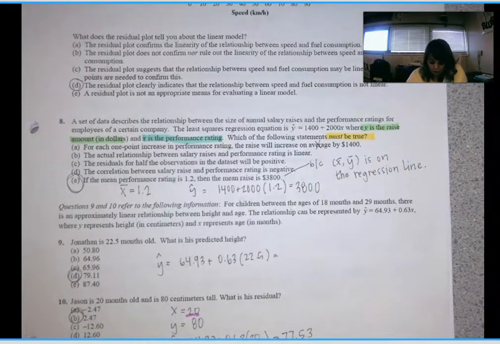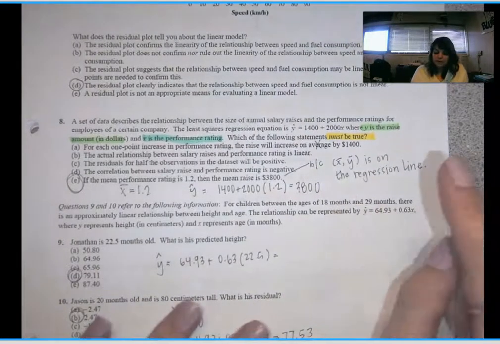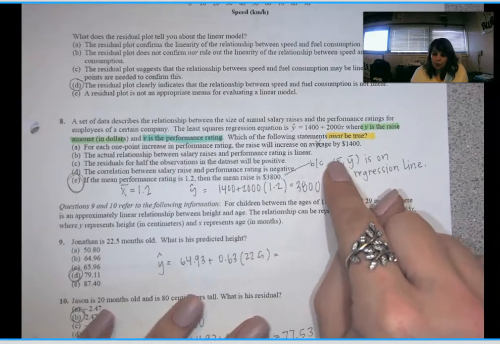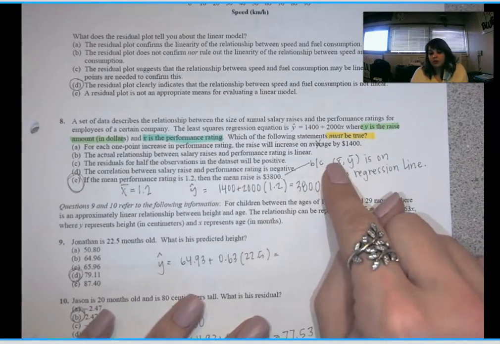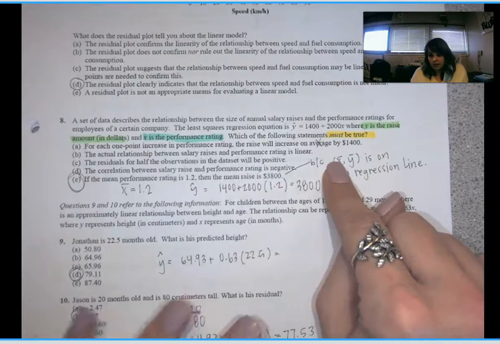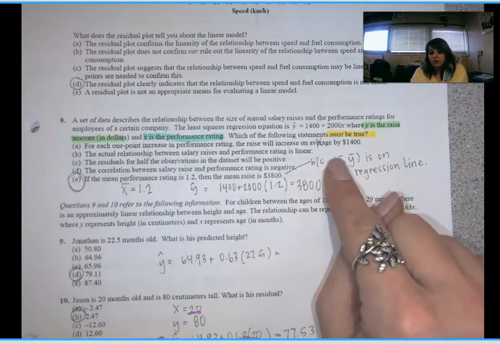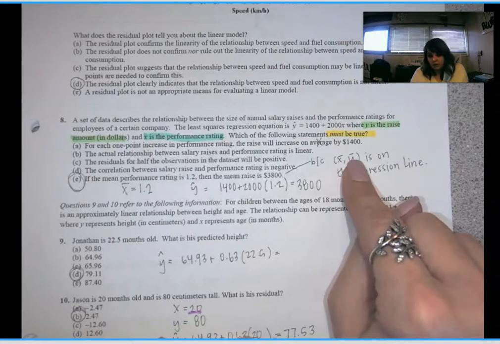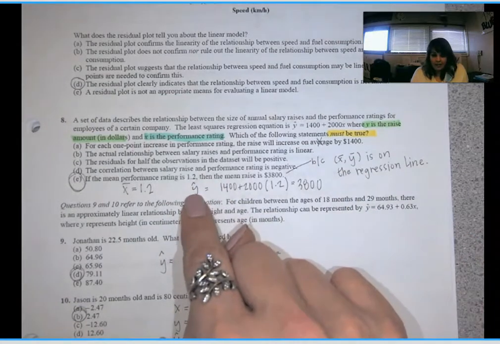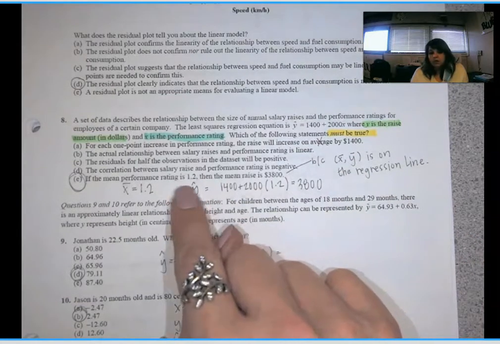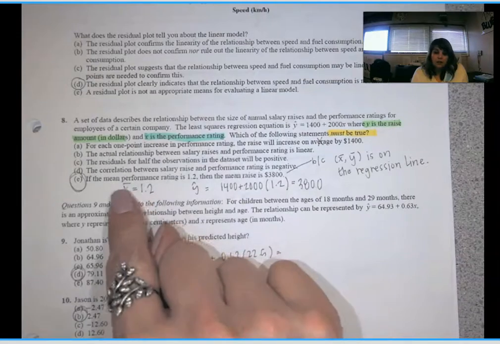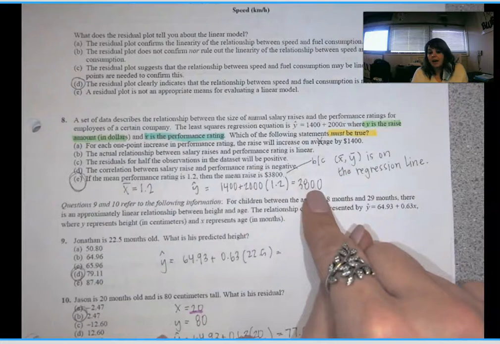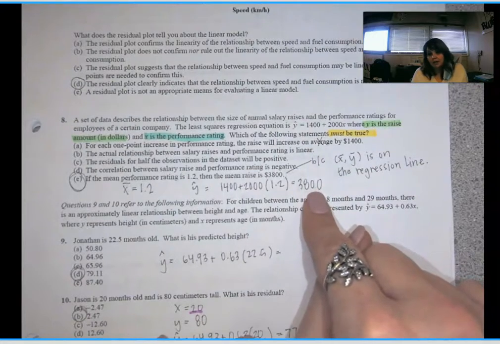What we know for sure is that this point is on the regression line, and there's only one value that goes with X bar because it's a straight line, it's a function. So the only value that matches with X bar would be Y bar. Y hat is always on the regression line, which means if you plug X bar in to find Y hat, it has to be Y bar. It has to be the mean of Y.